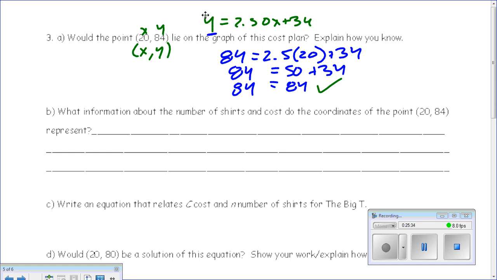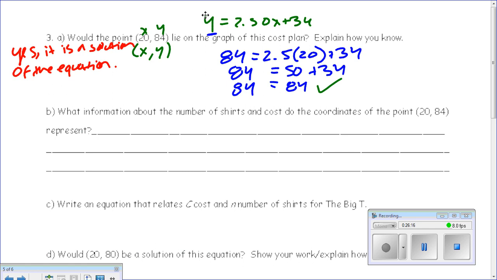So we can stay over here on the left-hand side. Yes, it is a solution of the equation. So if they gave us points and we know our equation, we should always be able to determine whether that point that they gave us lies on that graph by plugging it into our equation like that.